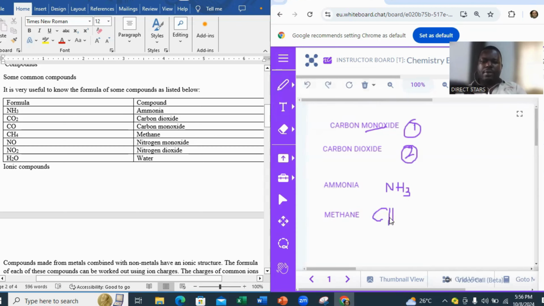So these are common compounds you need to familiarize yourself with. Like water, the common one. The name water does not also give you a hint or clue of what element constitutes it. But we all know and we're all familiar with the formula of water, which is H2O.